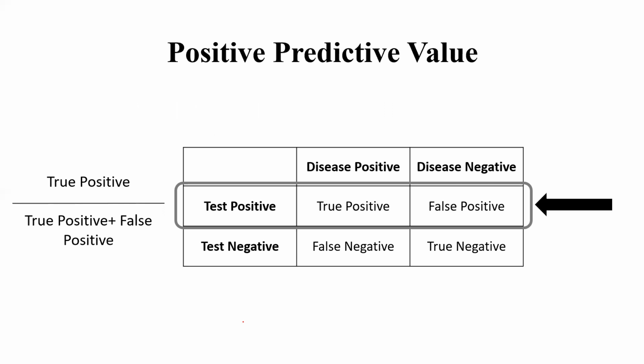So we can say true positive divided by true positive plus false positive. This is the positive predictive value.